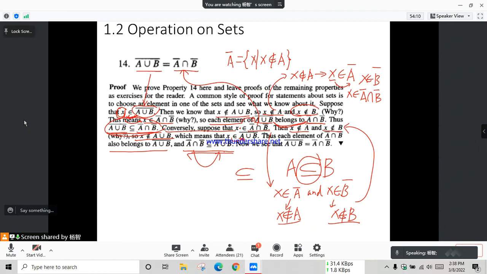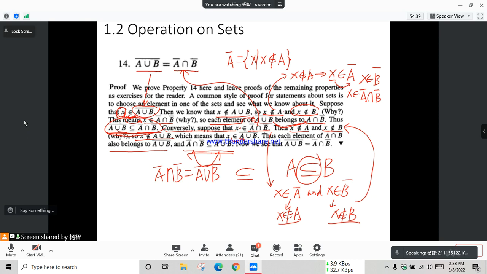And which situation can let these two expressions be satisfied? Which situation? Or which condition? If they are equal, right?